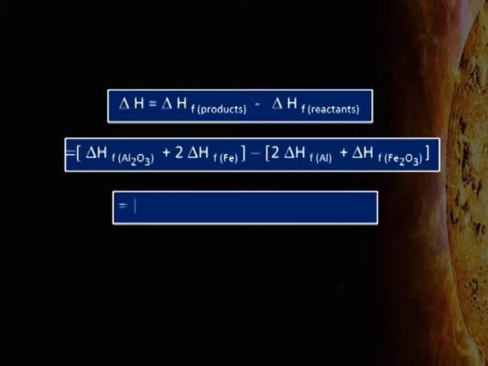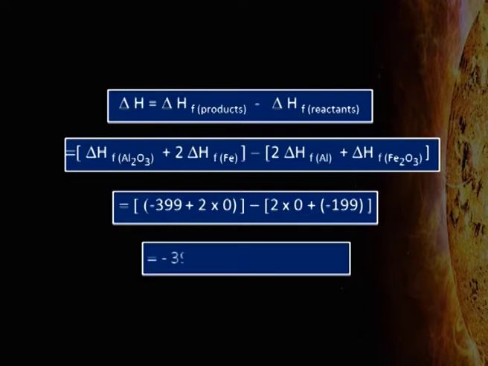This will be equal to minus 399 plus 2 into 0 minus 2 into 0 plus minus 199, which is equal to minus 399 plus 199, equal to minus 200 kilocalories.